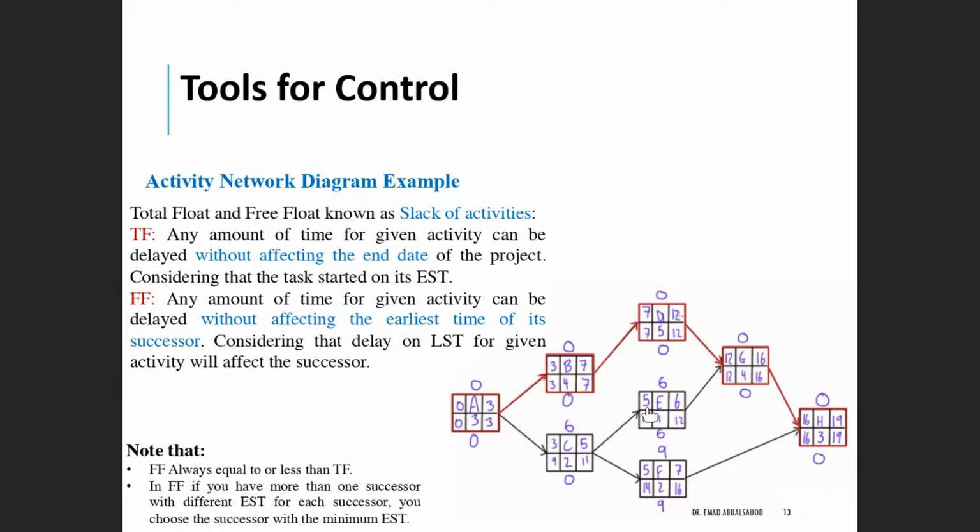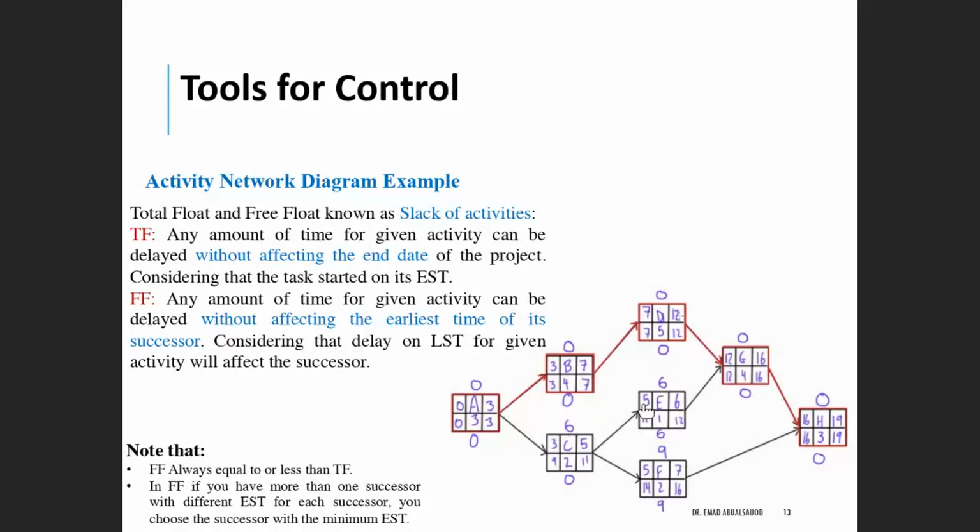So here, this value gives you the information about the time you have to finish activity E without affecting the end of the project. But you have to consider that you are starting on the early start time, because if you start, instead of week 5, on week 6 or week 7, then this 6 will not apply, because that will add up.